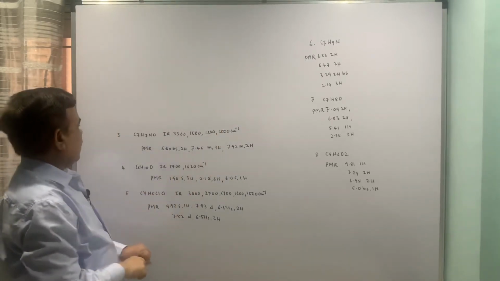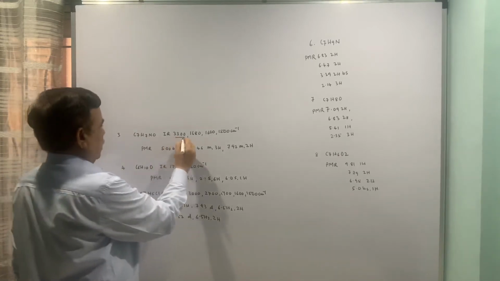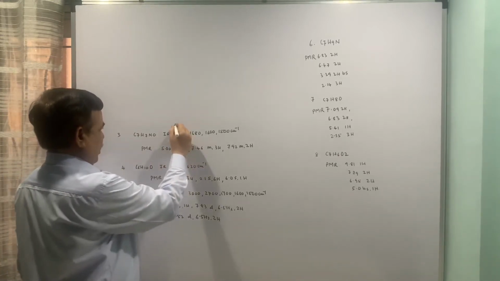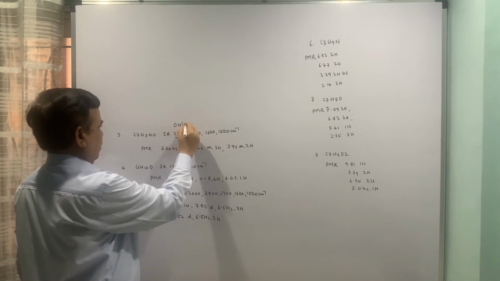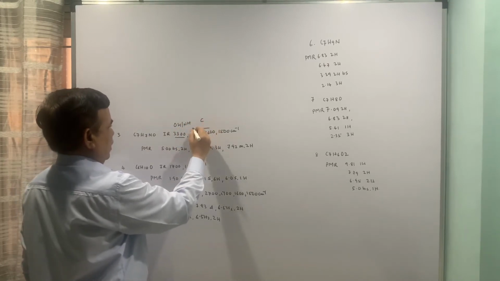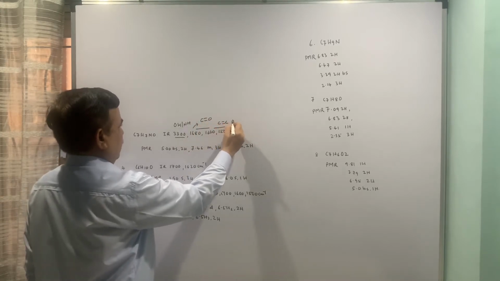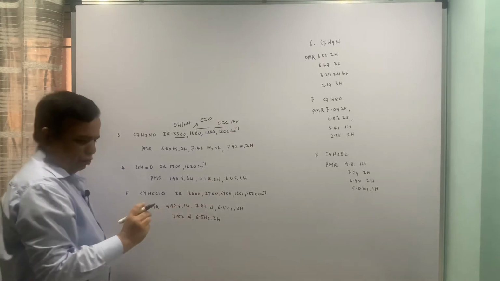Moving to the third example, C3H7NO. This looks like OH or NH. This is carbonyl. These two are C double bond C of aromatic. Those things looks okay.